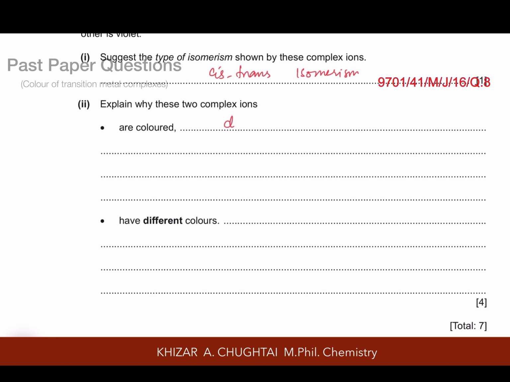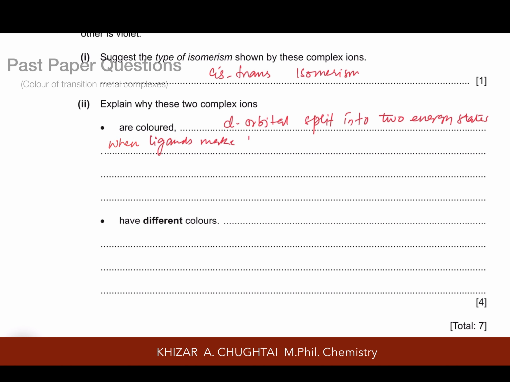Number one, d orbitals split into two energy states when ligands make the dative bond with the metal ion.